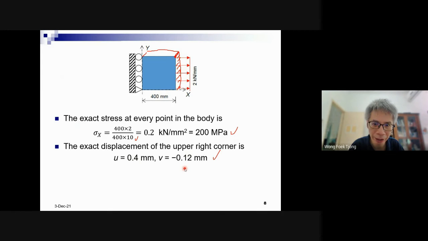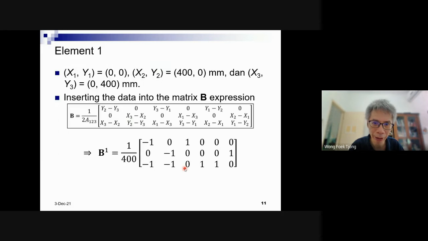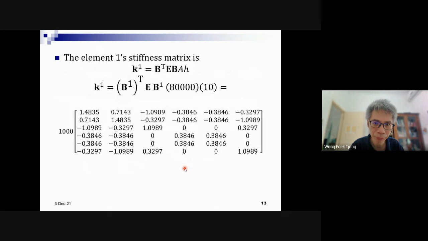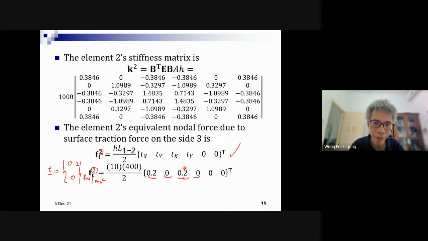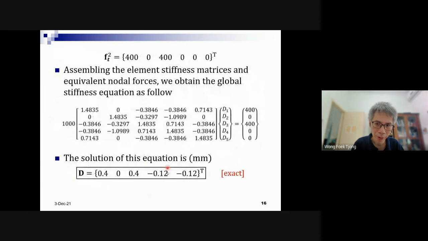Our finite element result for 3 and 4, let's take a look. One, two, three. So 3 and 4, the same as exact, 0.4 and minus 0.12. So even though only using two elements, it already gives the exact solution for this problem. This is for a pure tension problem. In other words, the CST element can reproduce the exact solution for a pure tension problem.